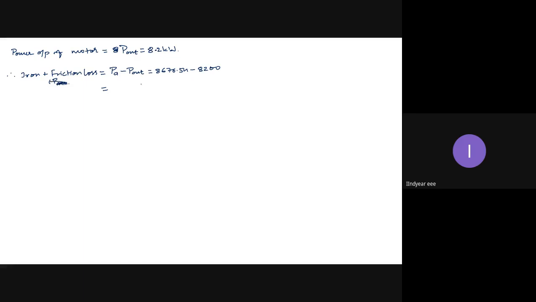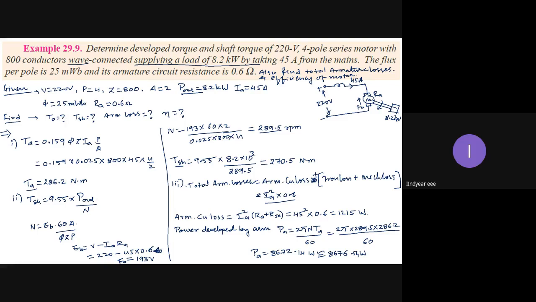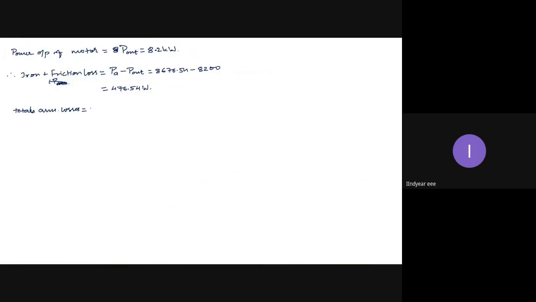No, it is not total armature loss. Leave it. I will get 476.54 watts. Now, total armature losses is equal to copper loss 1215 watts plus 476.54.